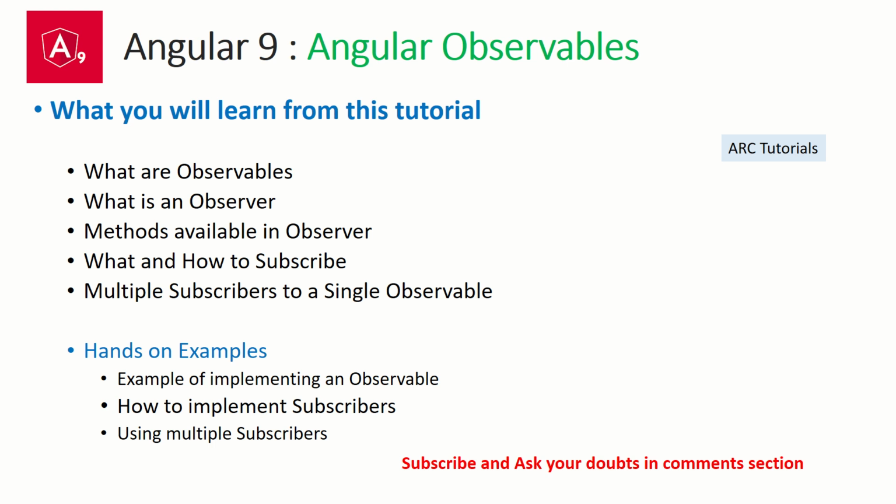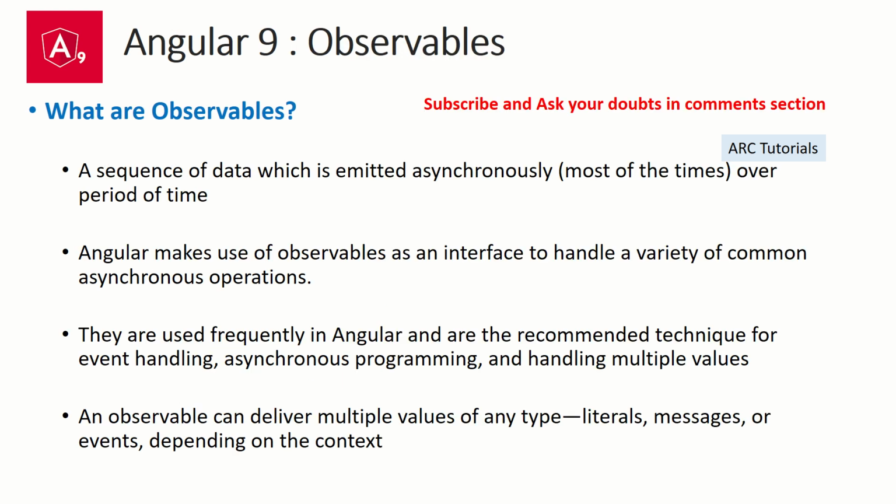Let's get started. So the first question that often comes to mind is, what are observables? Observables are a sequence of data that is emitted asynchronously over a period of time, which means that whenever there is a change in the data, it is automatically updated and tracked by our observable.